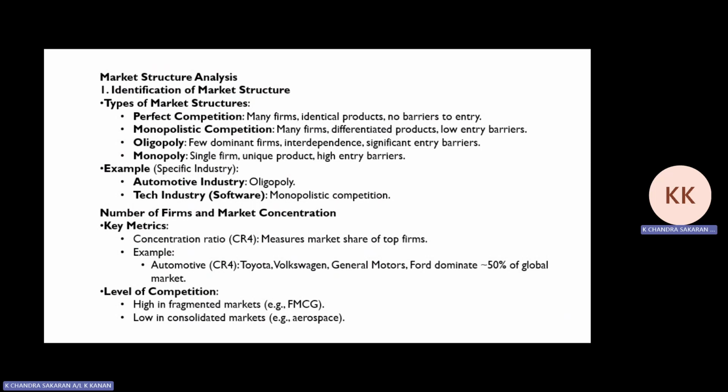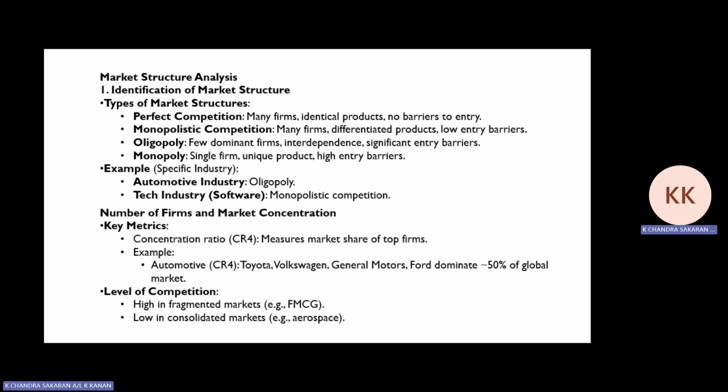For example, if I talk about the local restaurant business, what kind of market structure is this? Anyone? Monopoly? Monopoly means one. Is it only one provider?